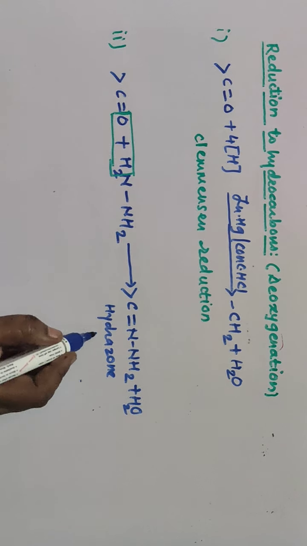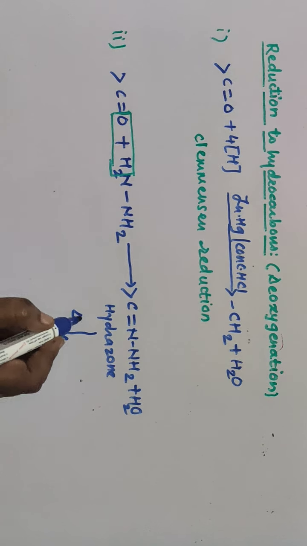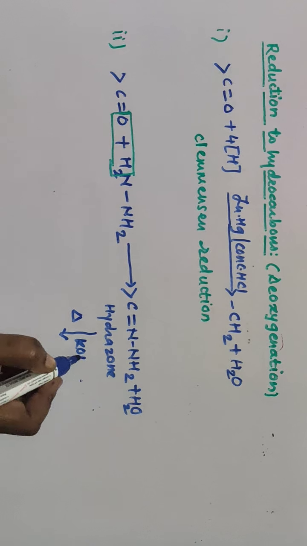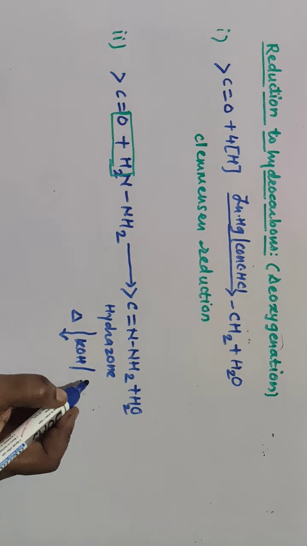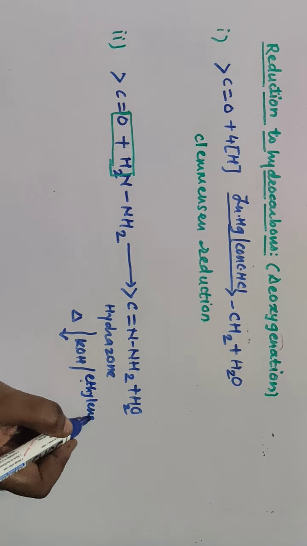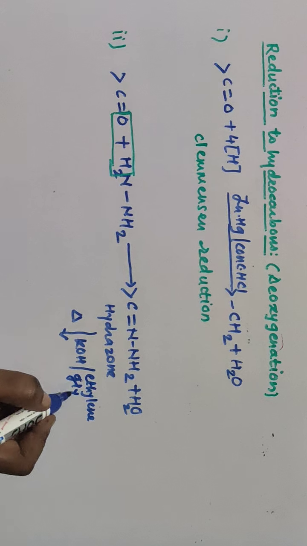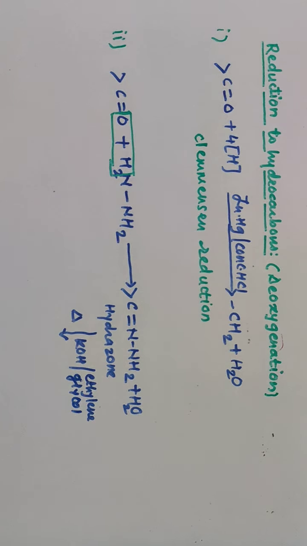So this hydrazone, when it is heated with KOH, a strong alkali, in ethylene glycol or ethylidene glycol, a high boiling solvent, then what happens?